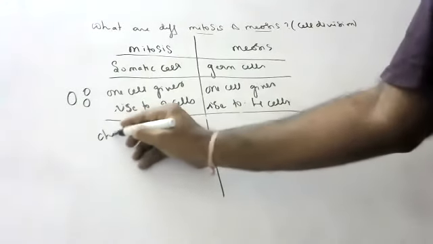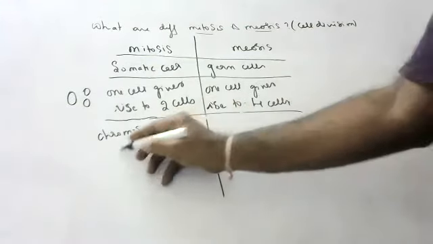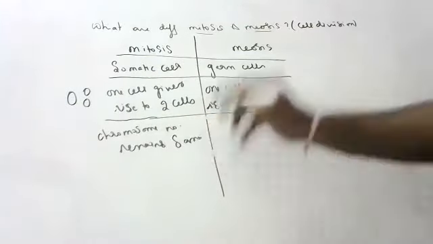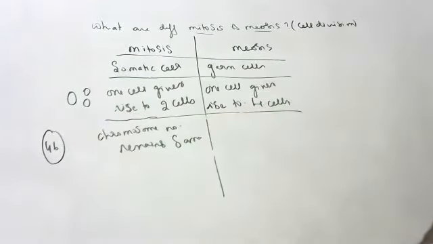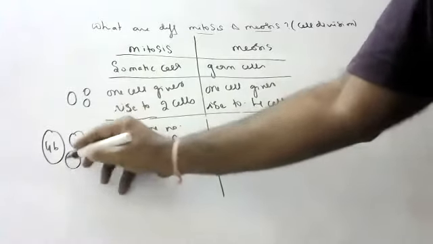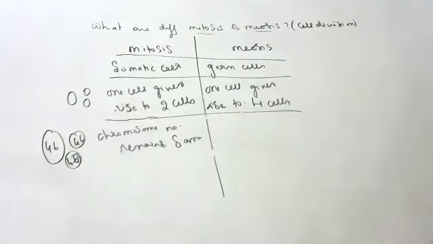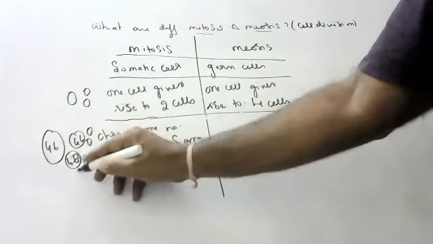In mitosis, the chromosome number remains the same. If the parent cell has 46 chromosomes, the daughter cells will also have 46 chromosomes. If it gives two cells, each will have 46.